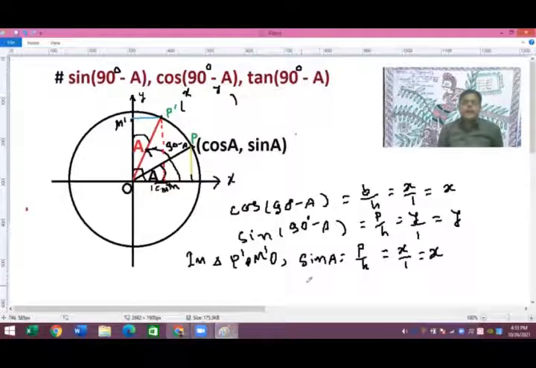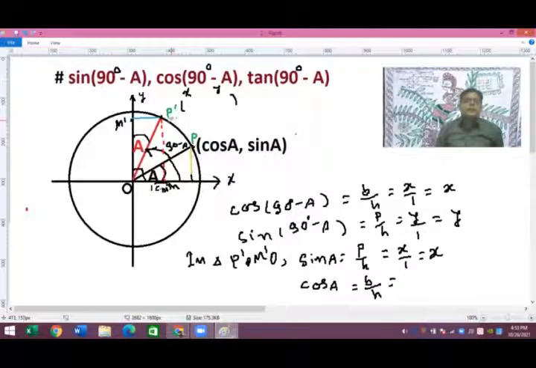A. And if you talk about cos A, in that case cos A is defined as base by hypotenuse, and base you can see that this is along positive y-axis, that is m dash O. Alright, and m dash O is equals to m P dash, which is the y coordinate for the point P dash.